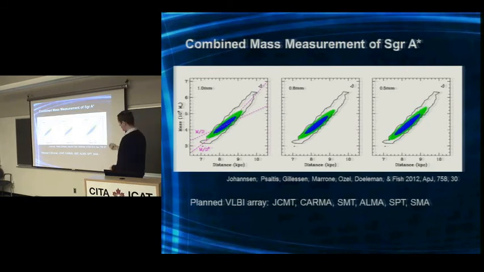And what I did, I used this as my prior, combining this with the mass measurement from the diameter of this ring. The contours that I'm showing you here are the 1 and 2 sigma contours for this kind of array that is going to happen. So you see that the improvement is going to be significant. And this is only for the mass measurement, so this is something which is going to be very interesting.